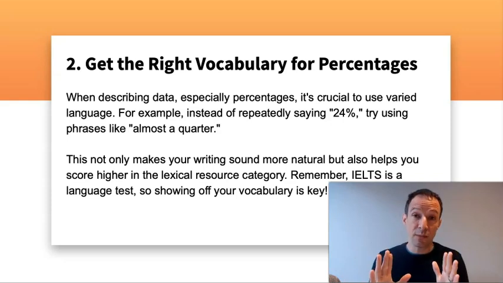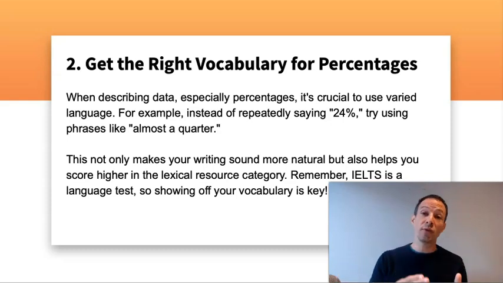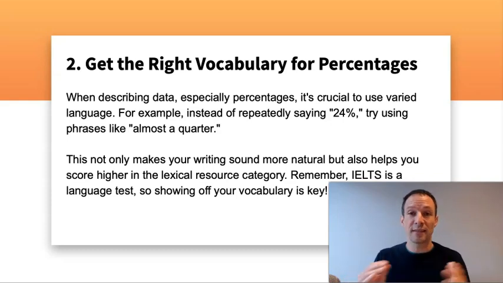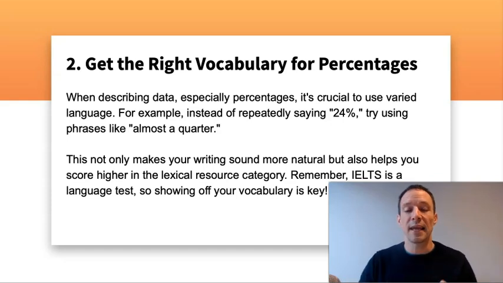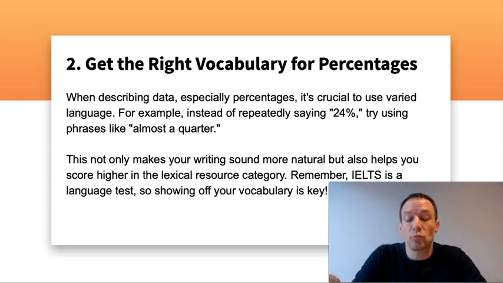And a bonus tip: if we can improve our vocabulary by using fancier phrases such as three times larger than, six times larger than, twice as large, nearly double, or a third of, then it takes it to the next level, and we're increasing the chances of improving our grammatical range and accuracy score, and probably our lexical resource score as well.